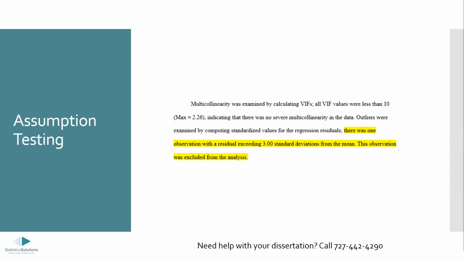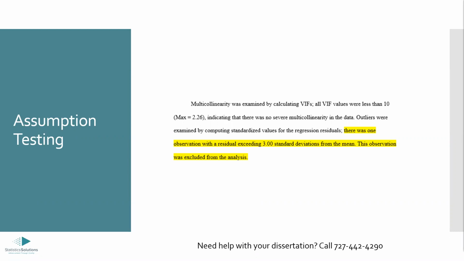So here's a short example of how you might describe some other assumptions testing. So things like multicollinearity. And we have an example here with outliers, and specifically an example where we found that the assumption wasn't met. So we see that in this case, we had an outlier in our data. We can see in the highlighted portion, we described that there was an outlier.